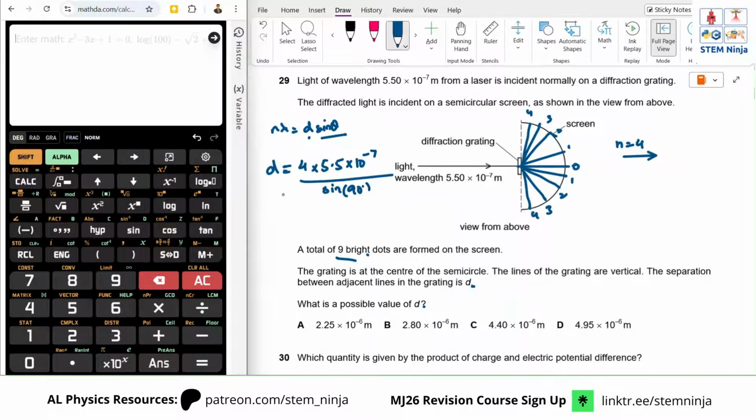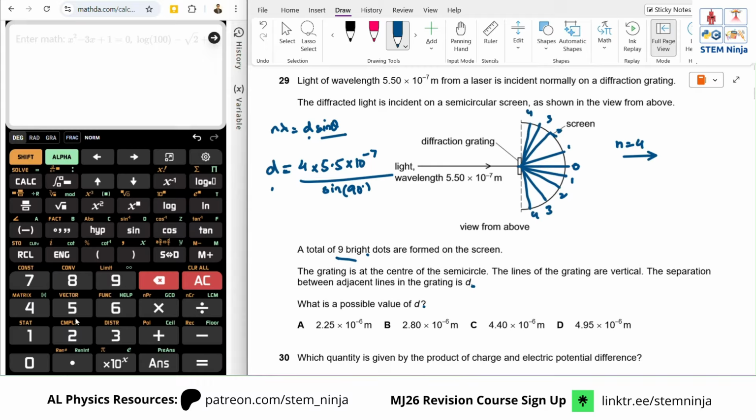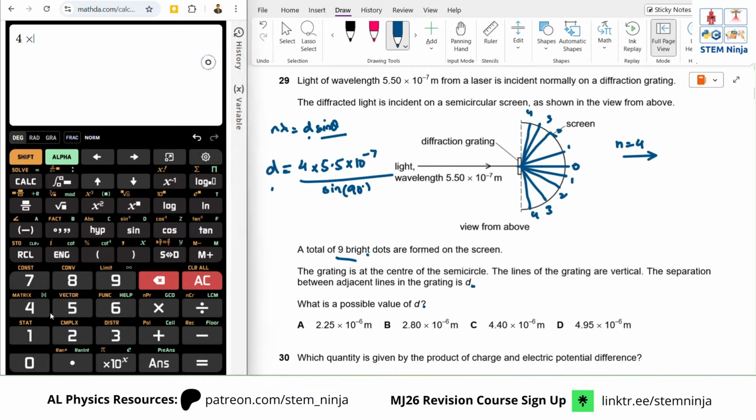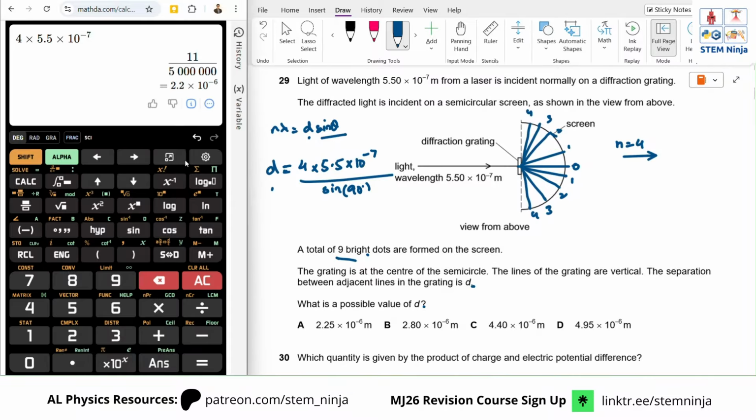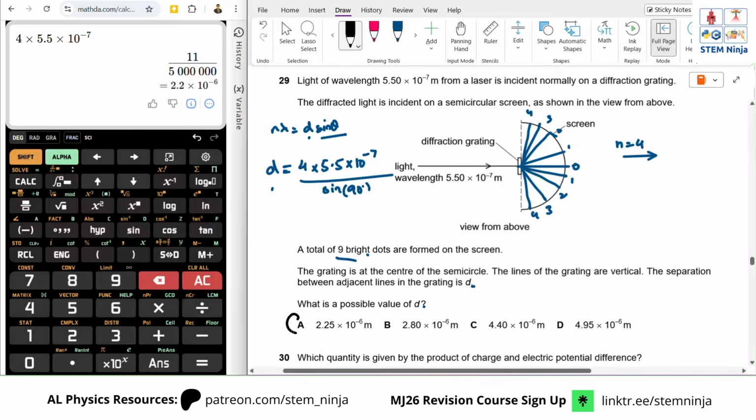So we need to see which value of d comes close. 4 times 5.5 times 10^-7, in standard form, will be 2.2 × 10^-6. So that is the first one.